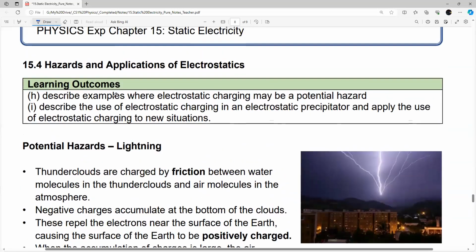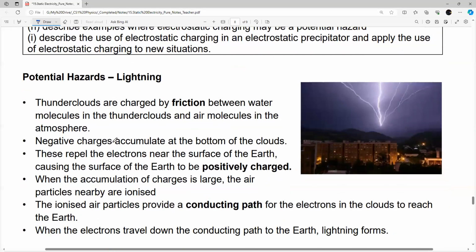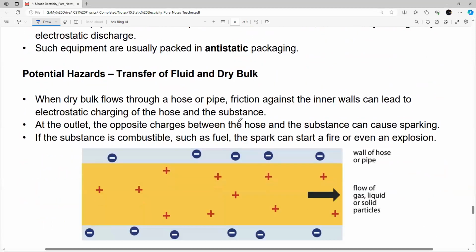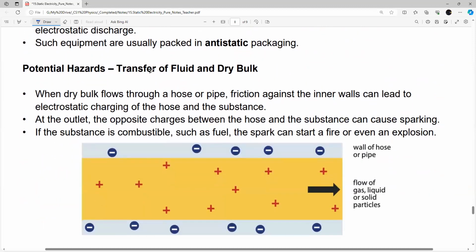Okay, there are possible dangers or potential hazards of electrostatics. One is lightning. You can read this. Another one is transfer of fluid and dry bulk. As the bulk goes through a hose, friction on the inner walls creates electrostatic charging.